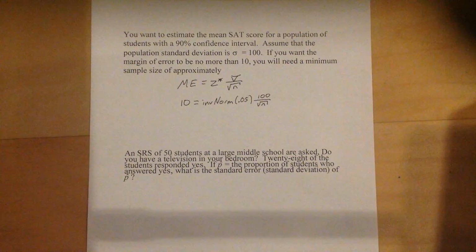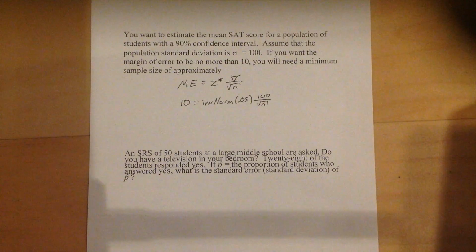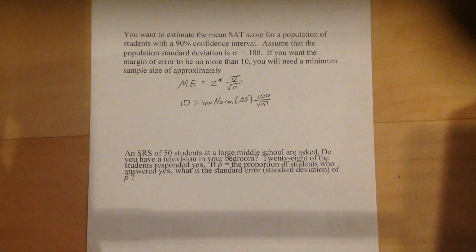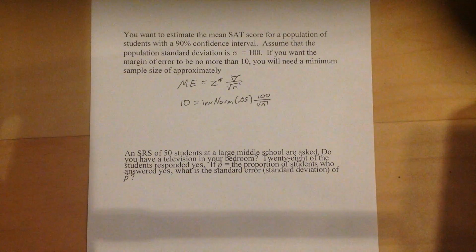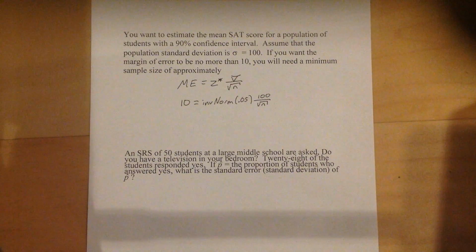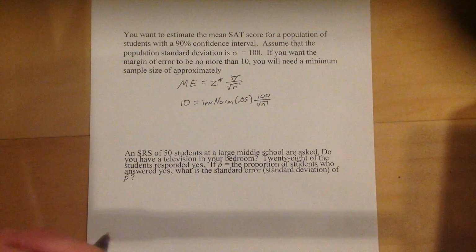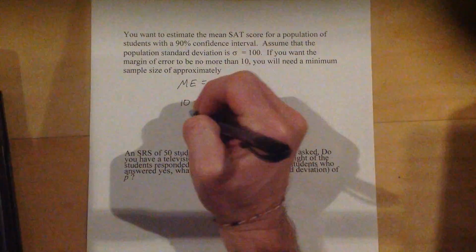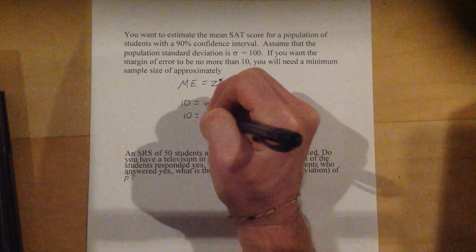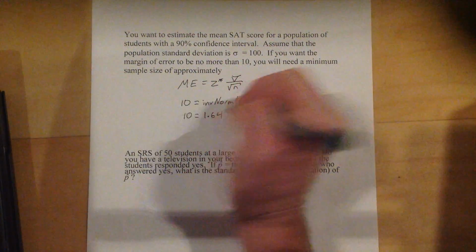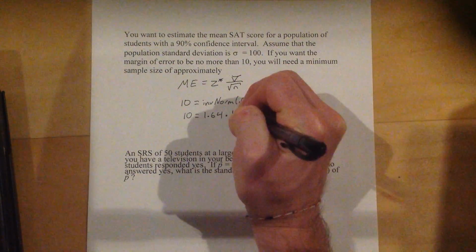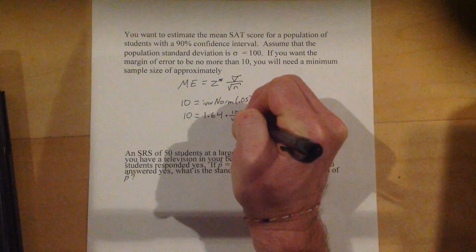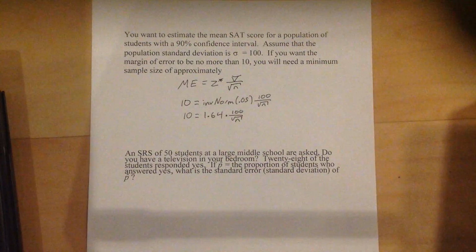All right, so again, inverse norm you're just going to do on your calculator. You're going to go to the distribution menu and type in 5% there. And that's going to give you 1.64. So we've got 10 equals 1.64 times 100 over the square root of n.